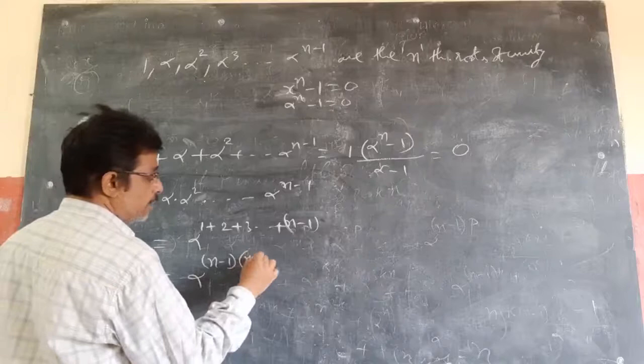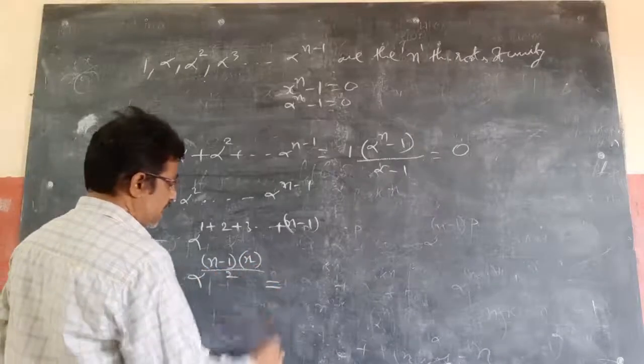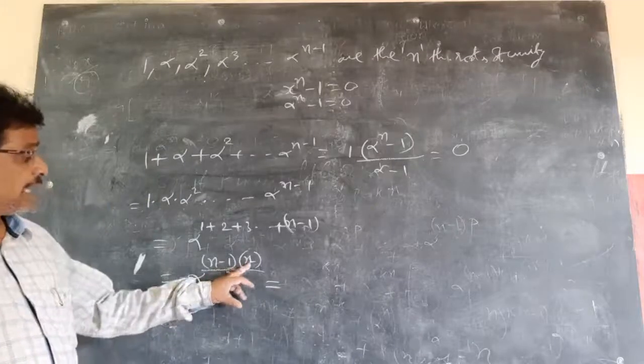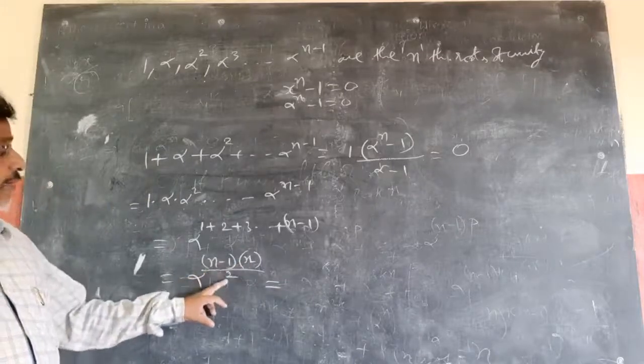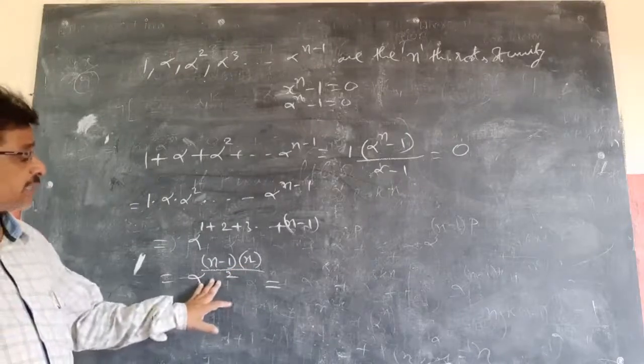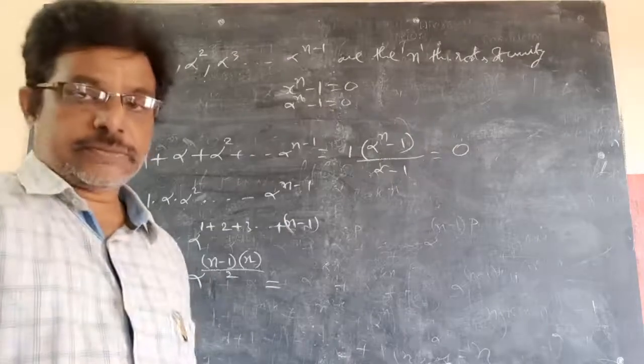Now I can write this as alpha power (n minus 1) by 2 whole power n. So I need to simplify this. How can I simplify? That is most important.